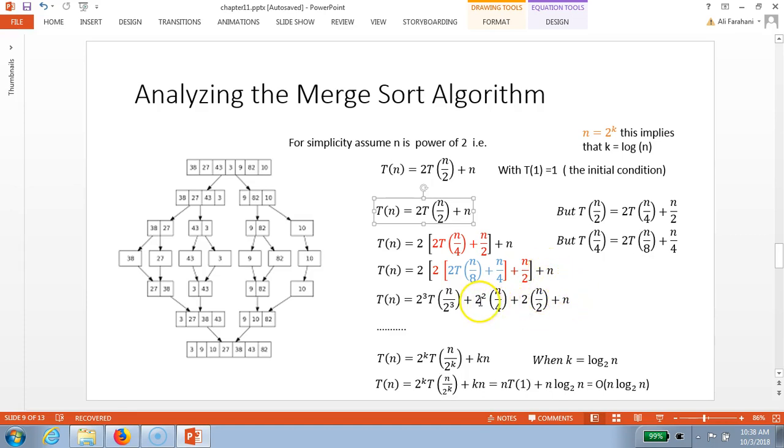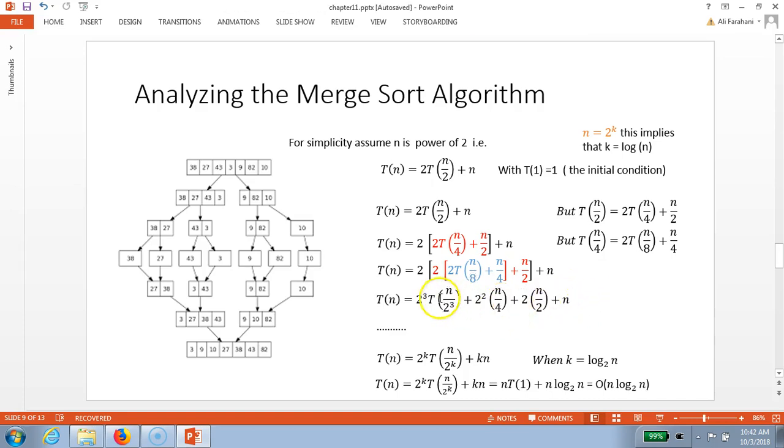So in a way, this 2 to the 2 is 4, this 4 cancels that 4, so I have n, plus the 2's cancel out, I have another n, plus n. So really, this expression is 2 to the 3 t of n over 2 to the 3 plus 3n. All these 3 terms that you see here are equivalent to 3n.